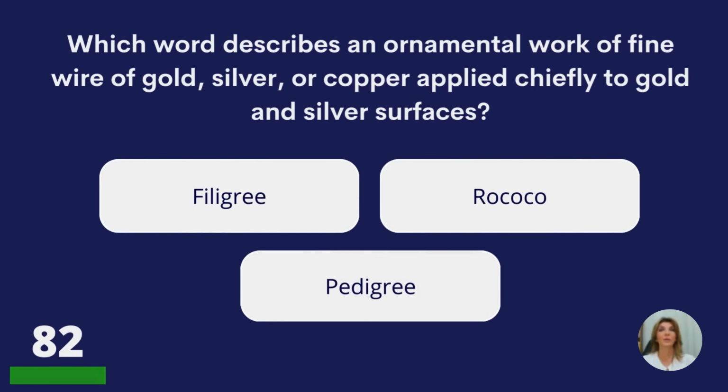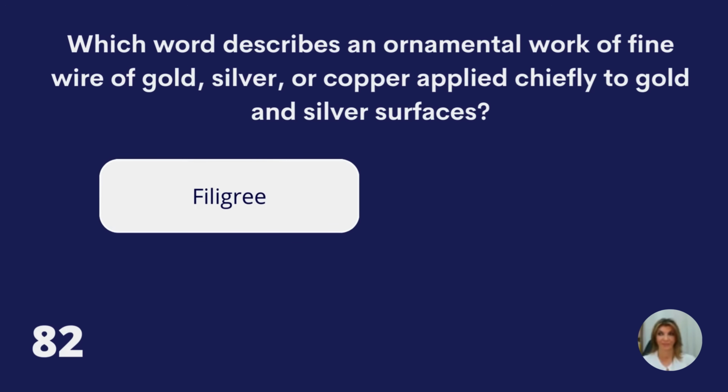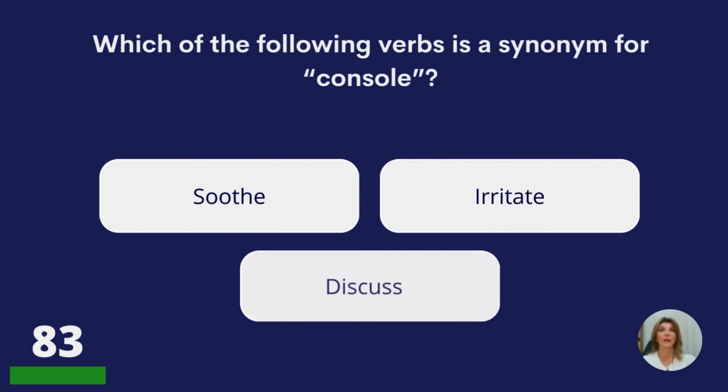Which word describes an ornamental work of fine wire of gold, silver, or copper applied chiefly to gold and silver surfaces? Filigree, rococo, or pedigree? Filigree. Which of the following verbs is a synonym for console?